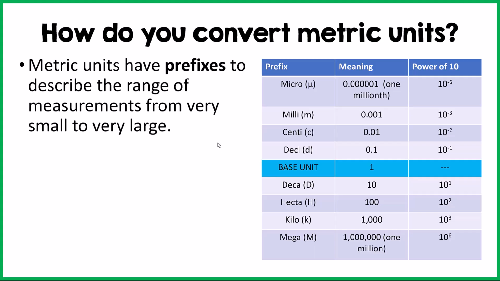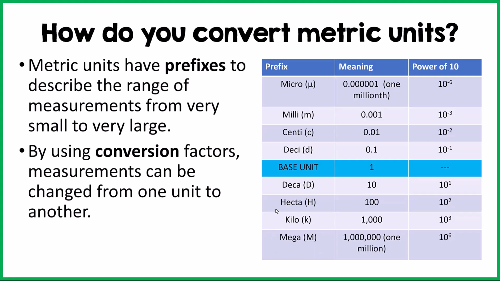So metric units have prefixes to describe the range of measurements from very small, which would be in our micro area here, to very large. And by using conversion factors, measurements can be changed from one unit to another. So let's discuss conversion factors in a little more detail.